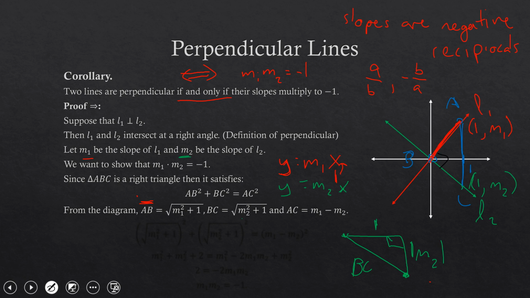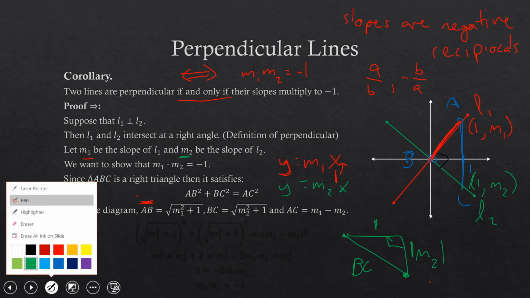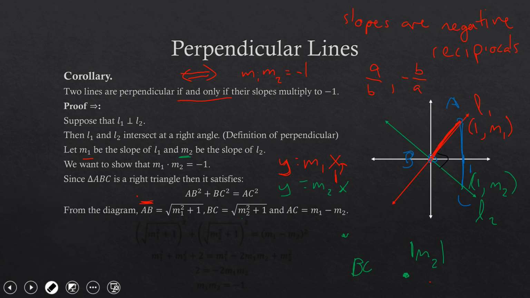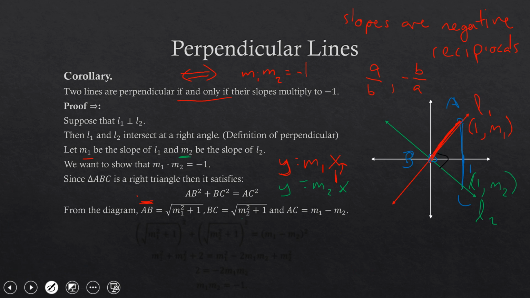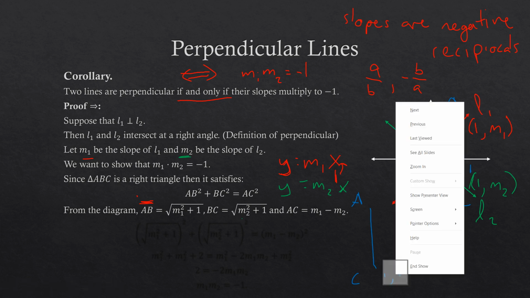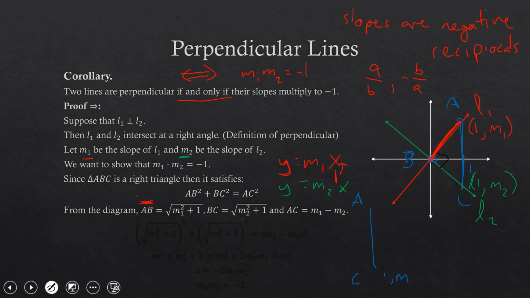And the third length we're interested in is finding AC. So AC, let's go ahead and erase that. Well, AC is part of a vertical line. So here's AC. They have the same x-coordinate, 1, but different y-coordinates, m1 and m2.